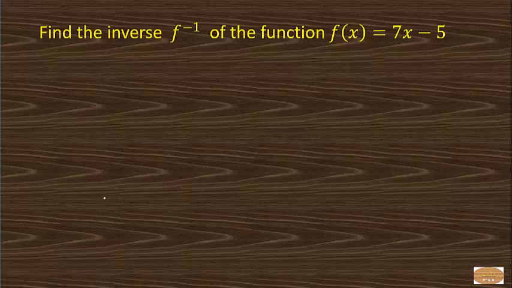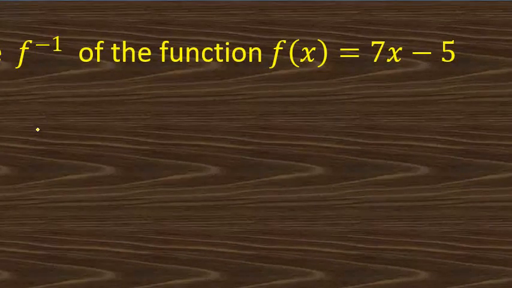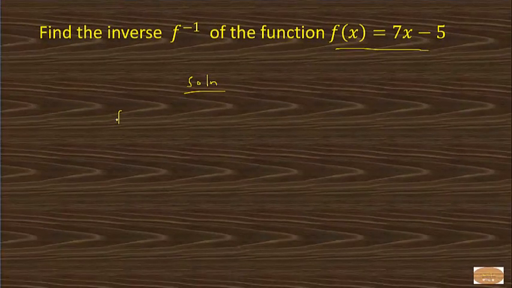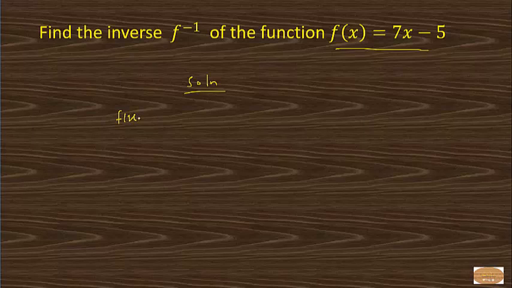Solution. So this is the function f of x, f of x equals 7x minus 5. Alright.